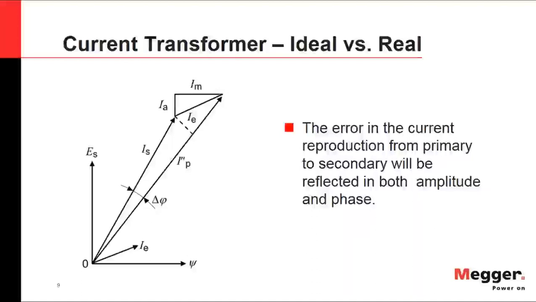We need to assume in this case that the primary current is a sinusoidal signal, and all the currents, voltages and magnetic fluxes will be sinusoidal. And the performance can be illustrated, as you can see here, with the angle or the phase deviation represented as delta phi in this figure.